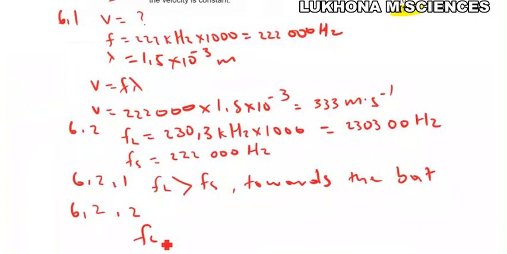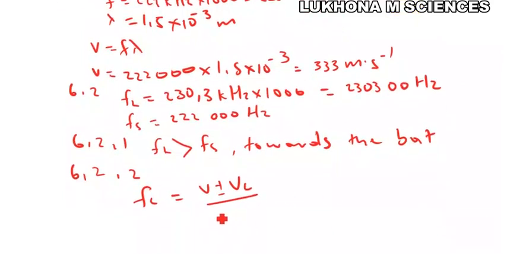So fL is equal to v plus or minus vL divided by v plus or minus vs times fs. We are going to use this formula, knowing that this one is the frequency received by the listener. Then this one is the velocity of sound in air.